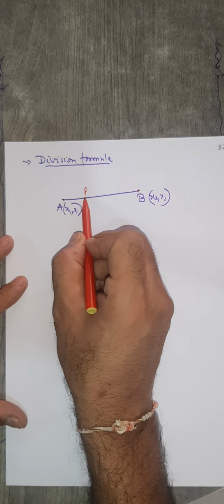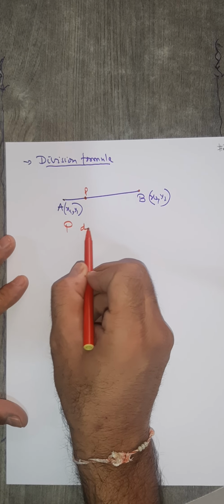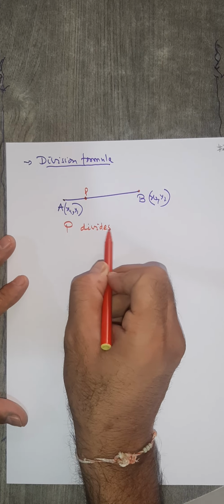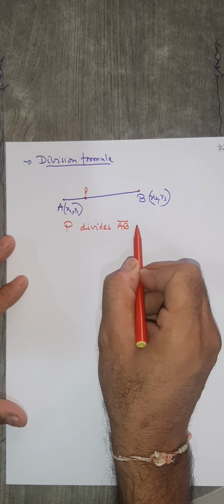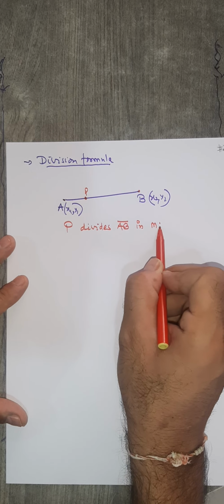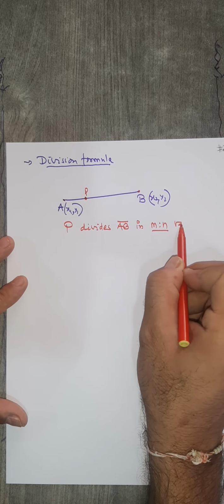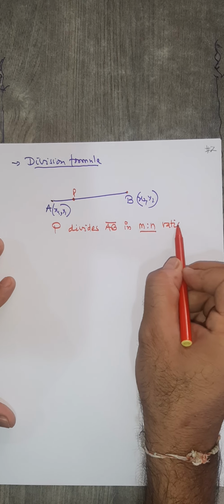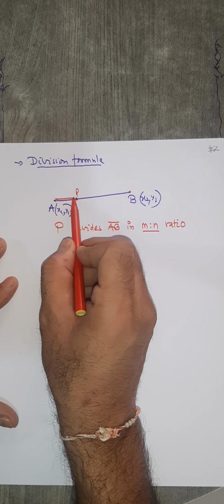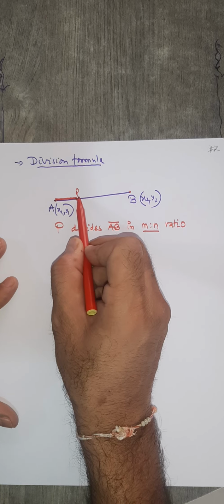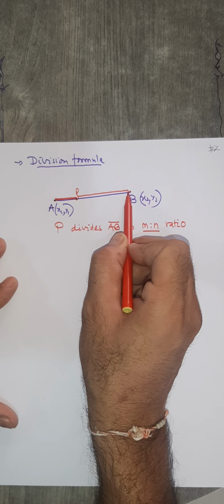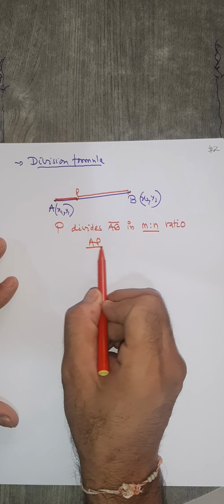So here, suppose we say that P divides, P is called point of division. P divides line segment AB in, say, m:n ratio. So this AP upon PB, this upon this, which ratio? AP upon PB.